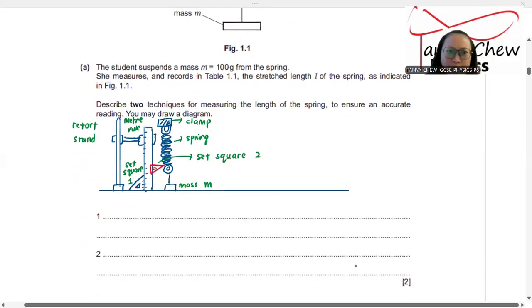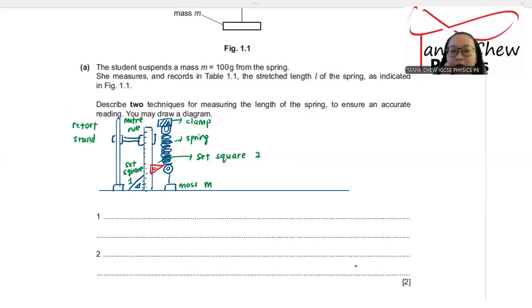Since they say you may draw a diagram, I need to draw a diagram. Right, so I have a ruler because I need to measure the length. The apparatus that I use to measure the length of the spring is a ruler. And a ruler cannot stand by itself, so I need a clamp, retort stand, to clamp the ruler at a fixed position.